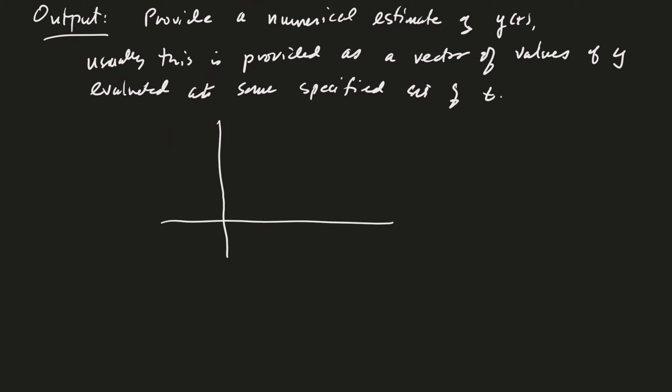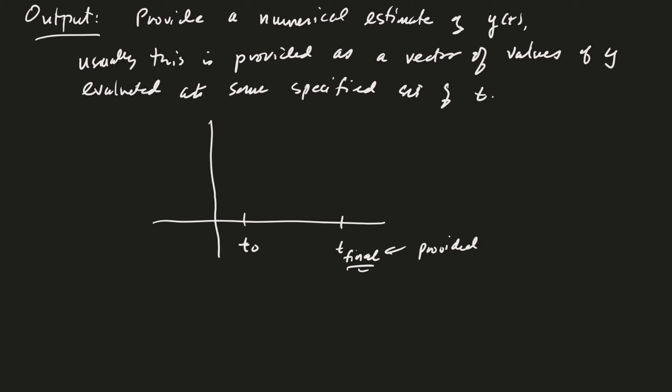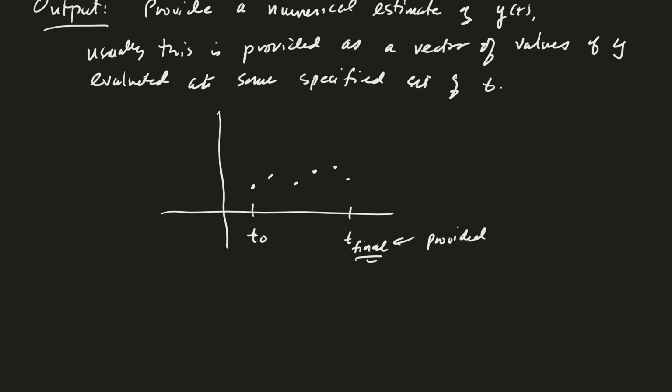geometrically, right? If this is your t0, I have to be told what my t final is. Okay, so that needs to be provided. And usually what's also provided is that the time values will all be evenly spaced.